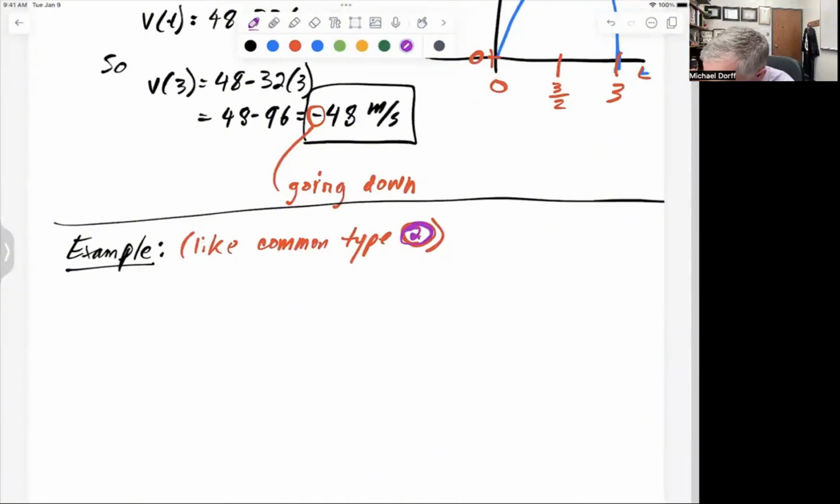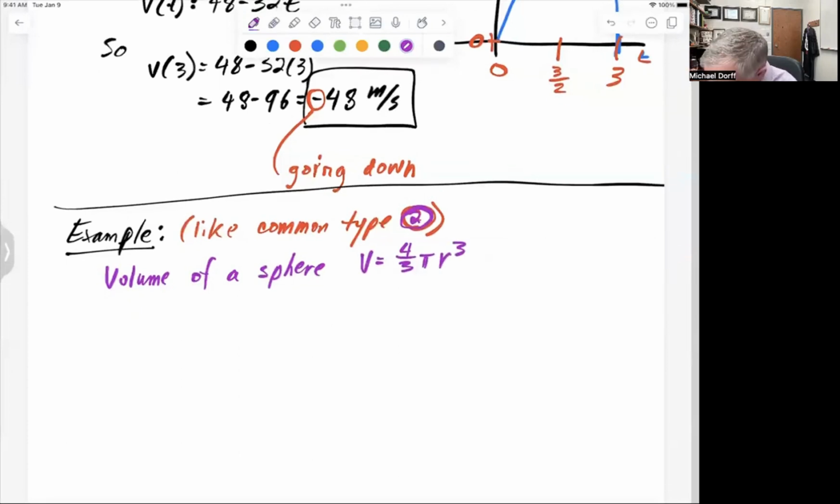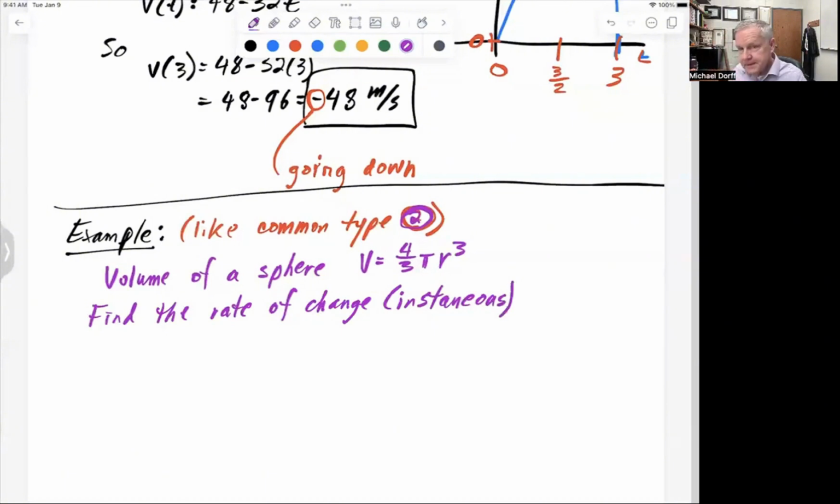So this one, you've got the volume of a sphere is equal to 4/3 pi r cubed, where r is the radius. And you're supposed to find the rate of change, and I'll put this is instantaneous. Sometimes they'll put the word instantaneous in there, sometimes they won't. If they don't put it in there, you can assume that it's instantaneous.